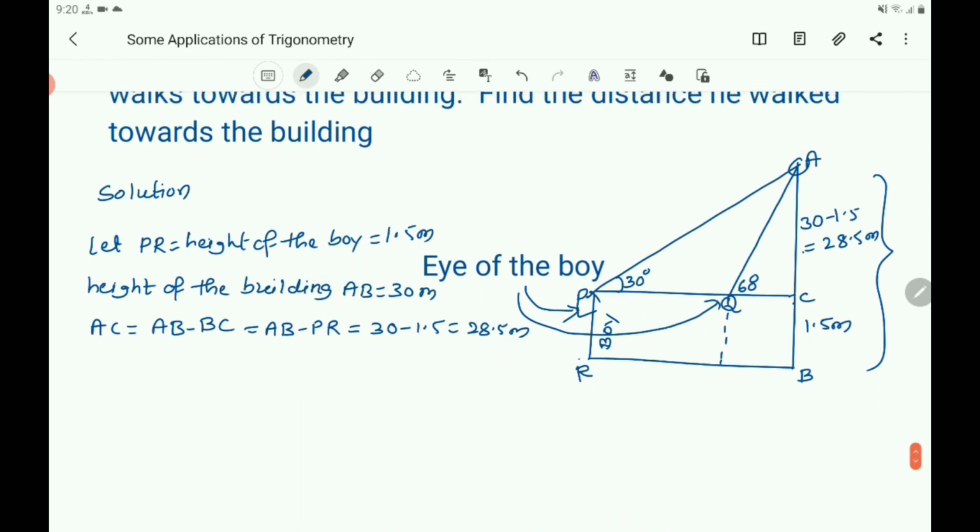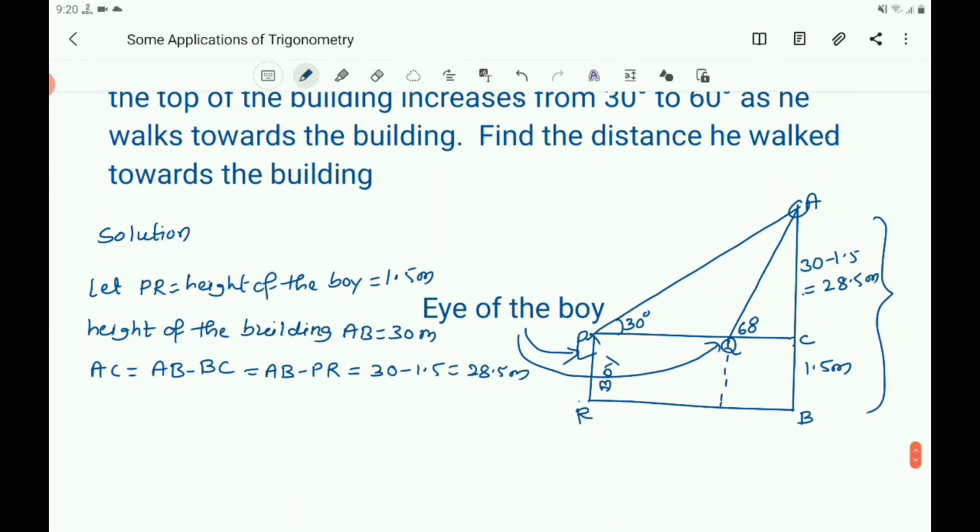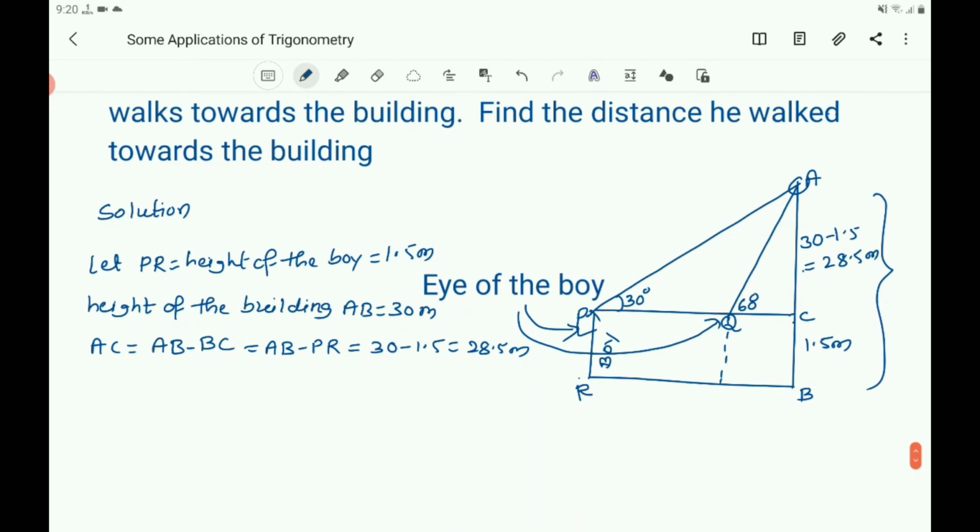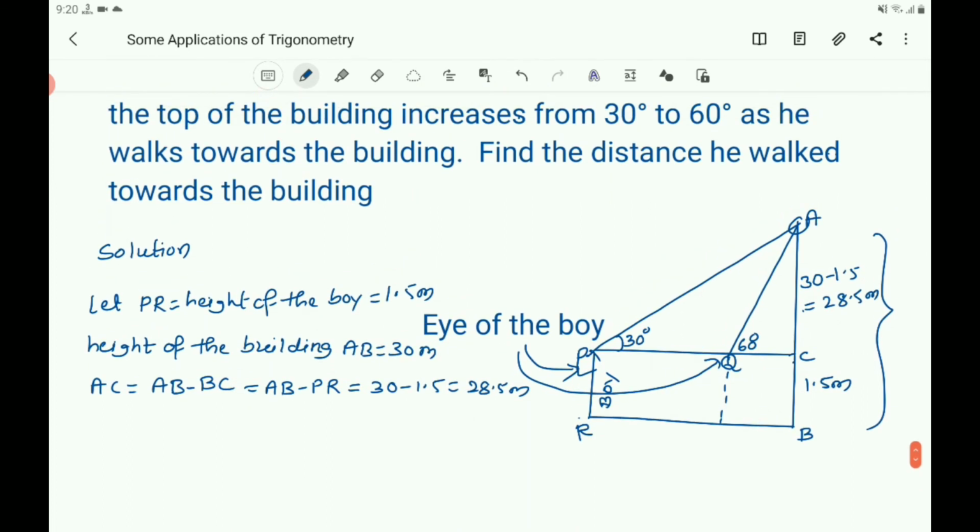Now here you take two right angle triangles and take the trigonometric ratio. First you take the triangle ACQ and you consider the angle of elevation 30 degree. For this 30 degree angle P, the opposite side is AC, that is known here, that is 28.5.